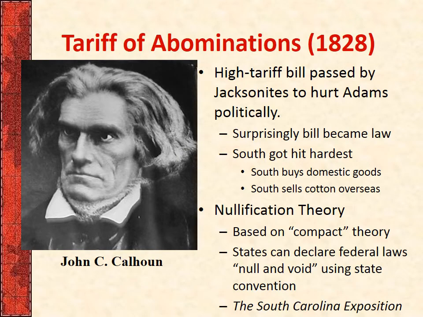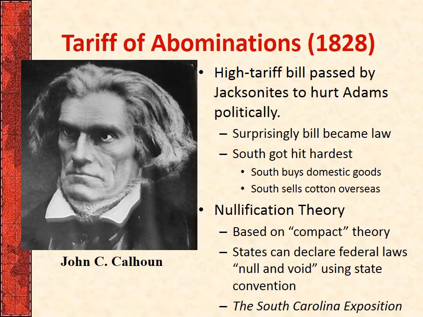The next big event in Jackson's presidency is the Tariff of Abominations, which actually starts in 1828, before Andrew Jackson even becomes president. The central figure in this is this crazy looking dude here, John C. Calhoun, who is actually Andrew Jackson's vice president.